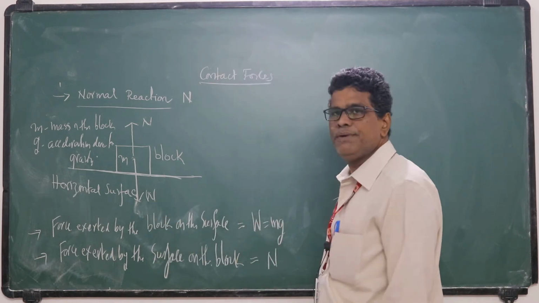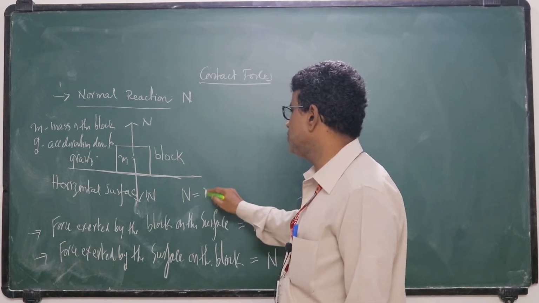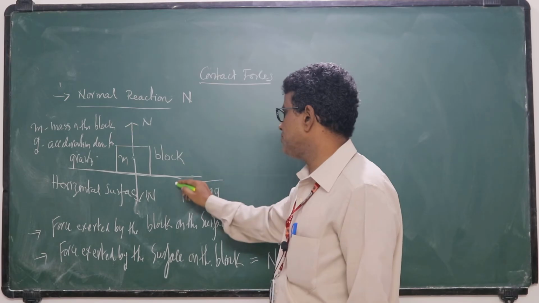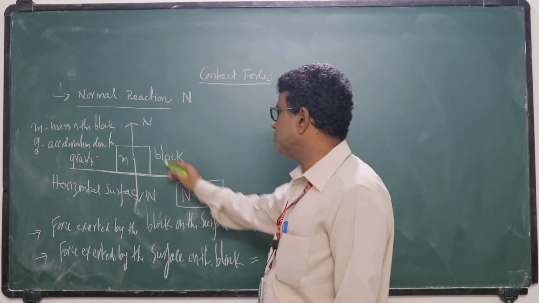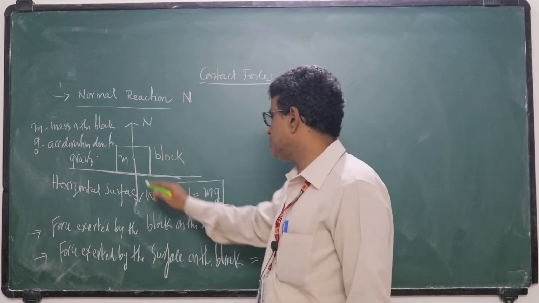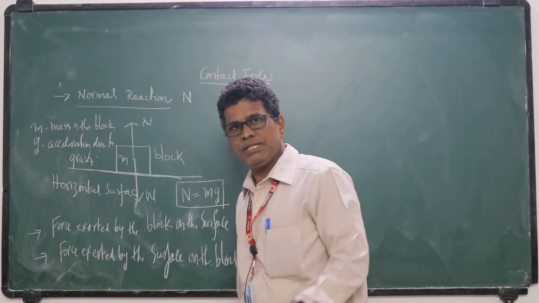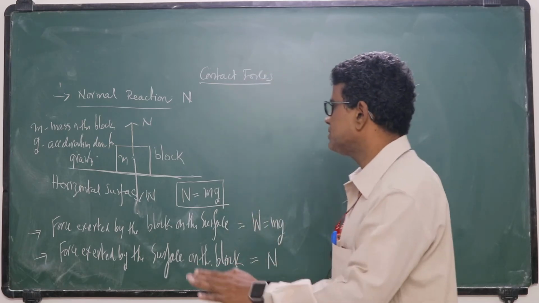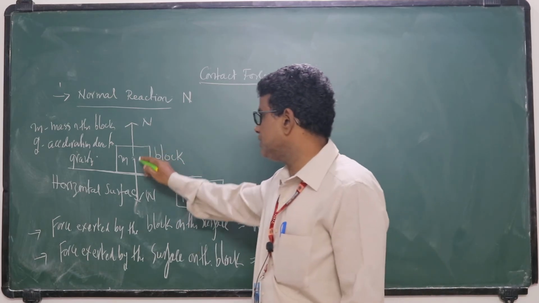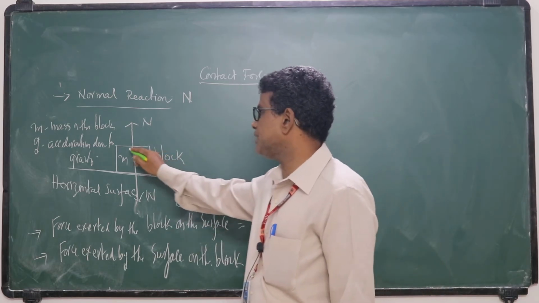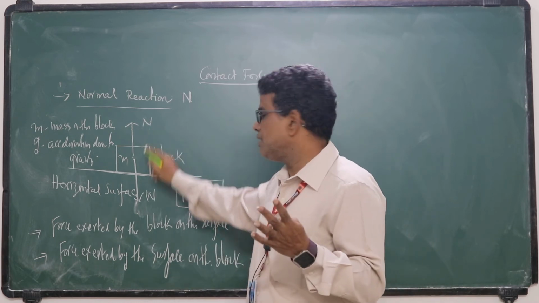Under equilibrium, since the block is at rest, we can write N is equal to mg. Since the block is at rest, the net force acting on the block will be 0, because there are two forces acting on the block, normal reaction and weight.